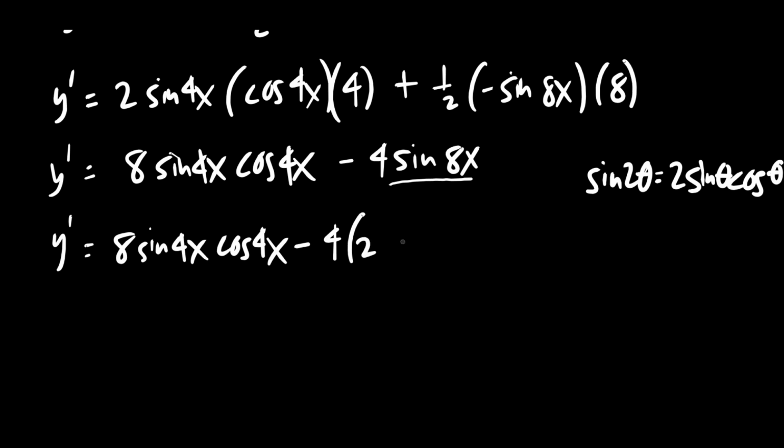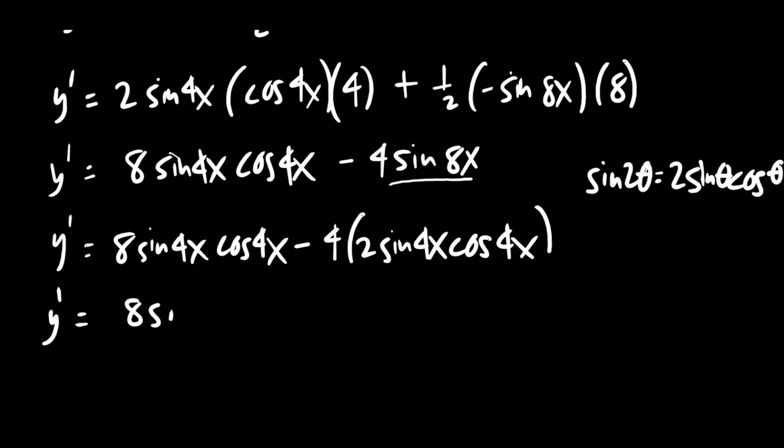So we need to expand. Sine 2 theta divided by 2 is equal to theta, so we have sine 8x divided by 2, so we'll just divide the angle: sine 4x cosine of 4x. So we have 8, just copy.